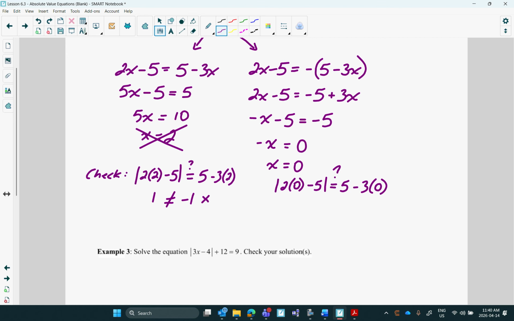And what's the absolute value of negative 5? 5. 3 times 0 is 0, and 5 minus 0 is also 5. That's a good solution. That one works. Okay. So this one only had one solution.